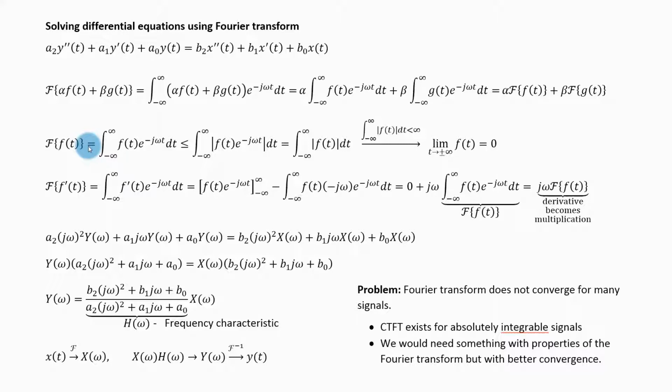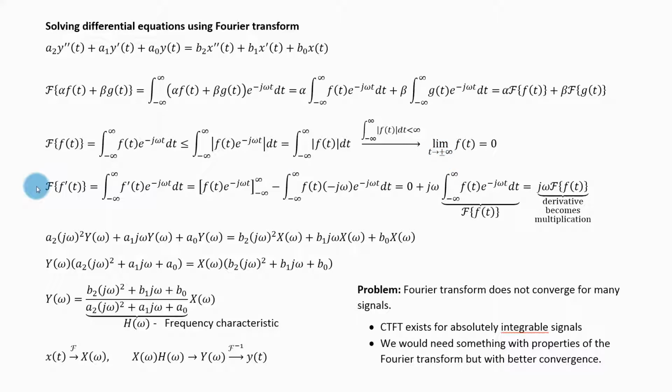I avoided that because this integral would not converge for sine or cosine. To show you what the Fourier transform of a cosine is, I gave you a spectrum with two Dirac delta pulses, and then I only computed the inverse Fourier transform to show you that it actually is a spectrum of a cosine. So, if you really want this integral to converge, you need this argument to go to zero for time going to plus or minus infinity.